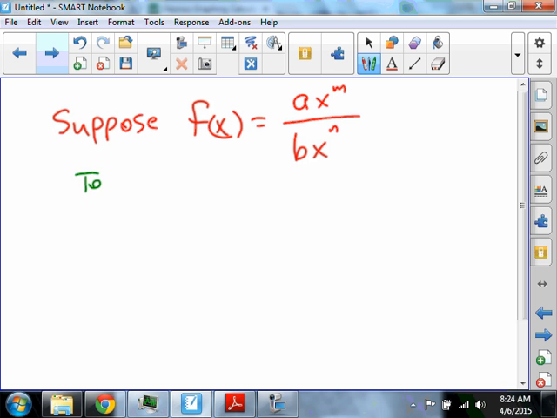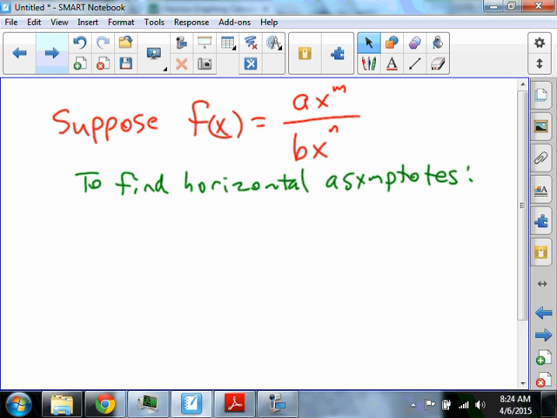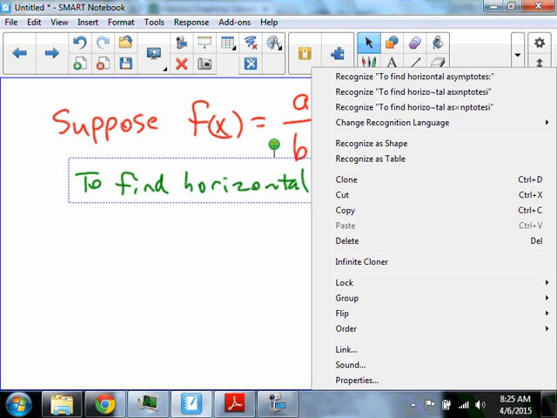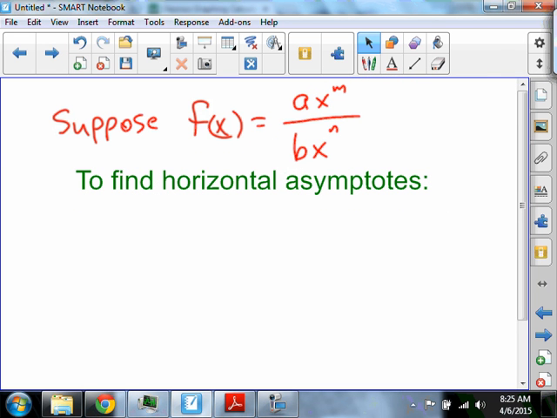To find horizontal asymptotes. Sometimes there is going to be some, and sometimes there's not going to be some.